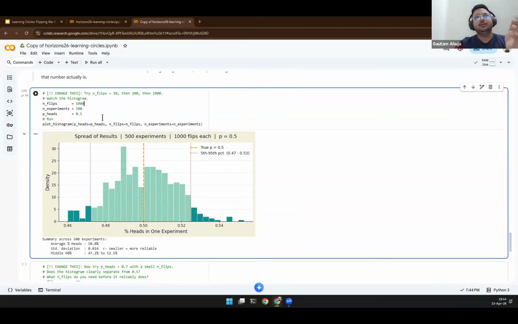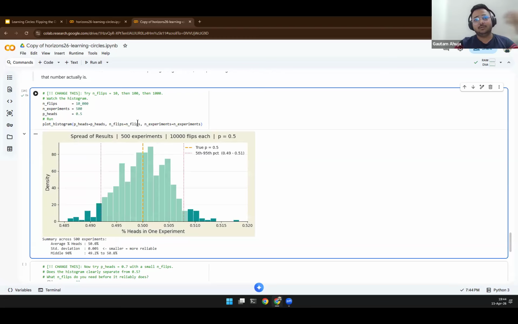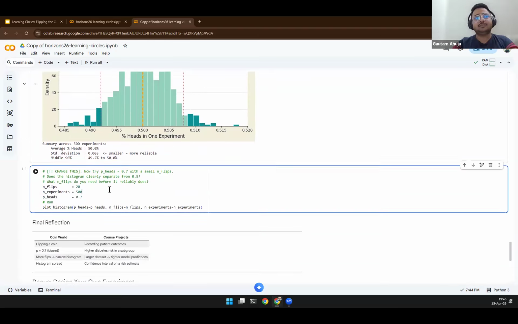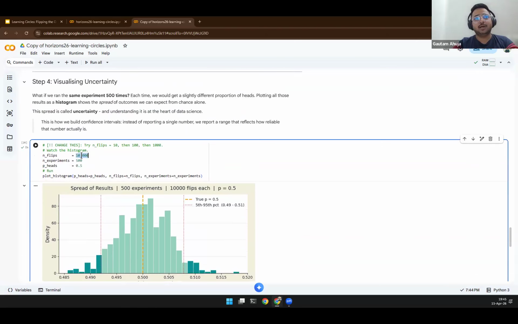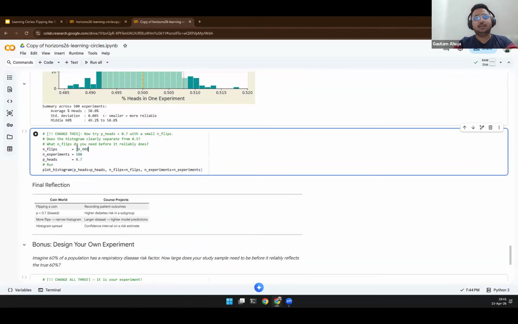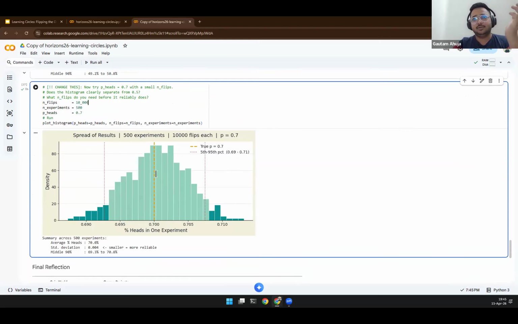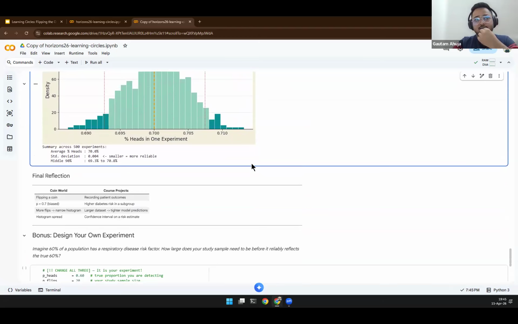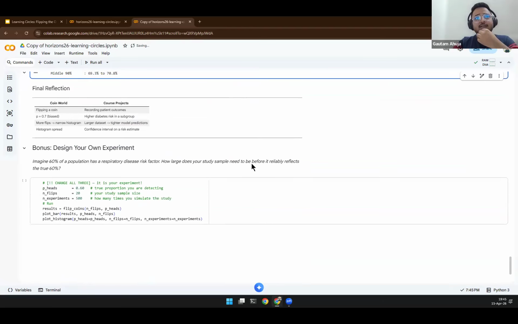So if we do 500 experiments and within each experiment we flip, let's say, 10,000 times, then if we plot our results, we know that our true probability lies somewhere between 0.49 and 0.5. And if we do the same experiment with the biased coin, then we know that our true probability will lie somewhere between 0.69 and 0.71. So this was essentially the idea.